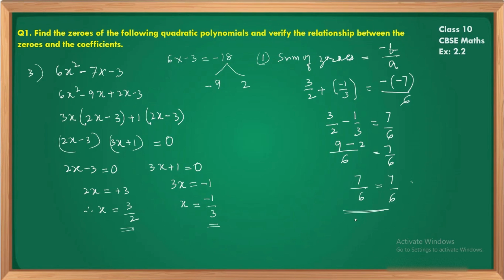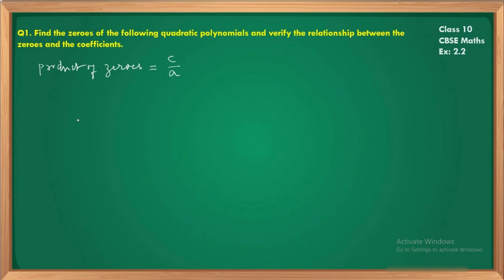Now we are going to continue the second part, that is verification by using product of zeros, that we do in the next page. Now we have the product of zeros, which will be equal to C by A, and the zeros were minus 1 by 3 and 3 by 2. These were the two zeros.